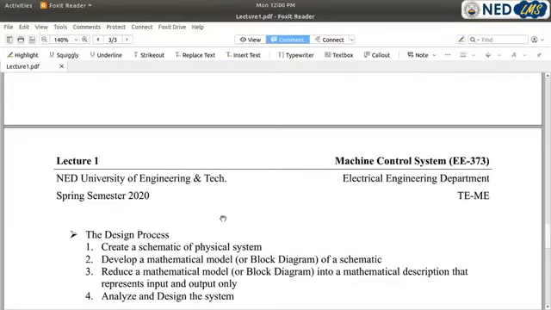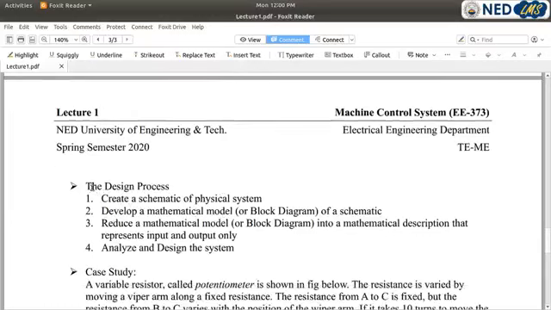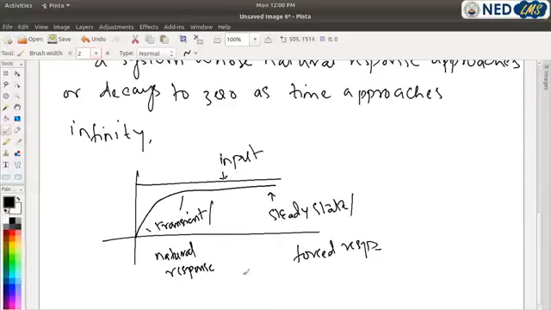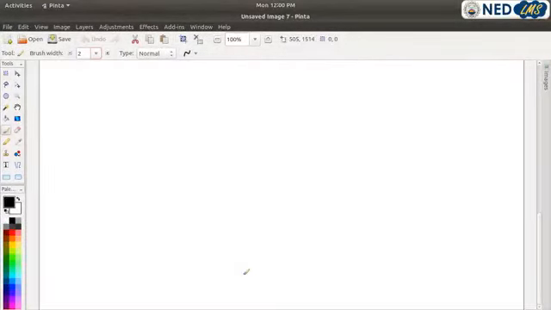Now, let's move on to the next topic, the design process. There exist various physical systems in which the control theory can be applied.